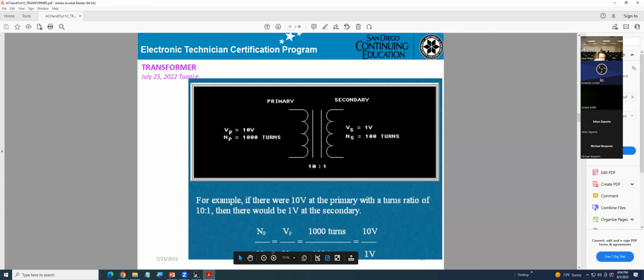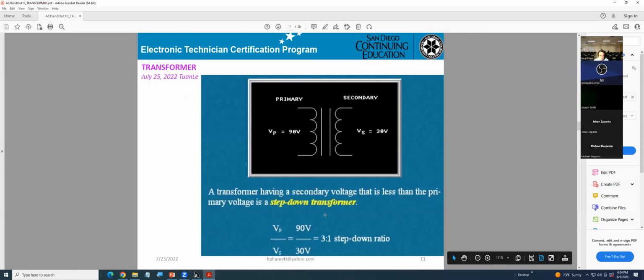Okay, NP over NS equals VP over VS equals 10 divided by 1. A transformer having a secondary voltage that is less than the primary voltage is what we call a step down transformer.